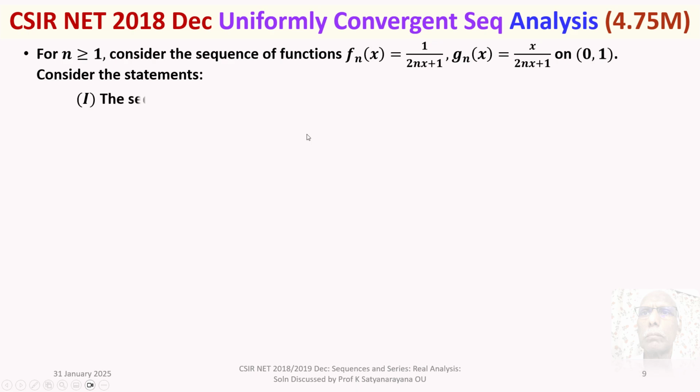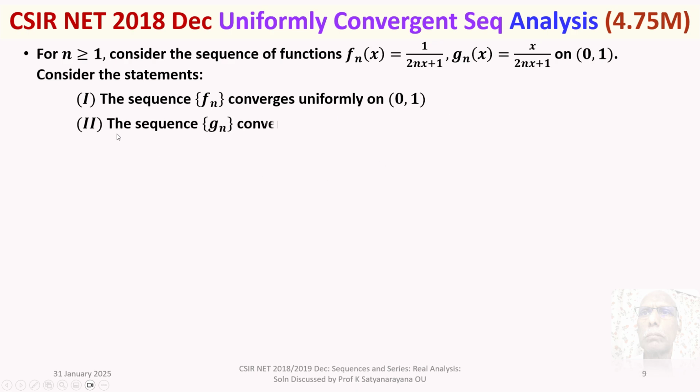Consider the statements. Statement 1: the sequence f_n converges uniformly on the open interval 0 to 1. Statement 2: the sequence g_n converges uniformly on the open interval 0 to 1.